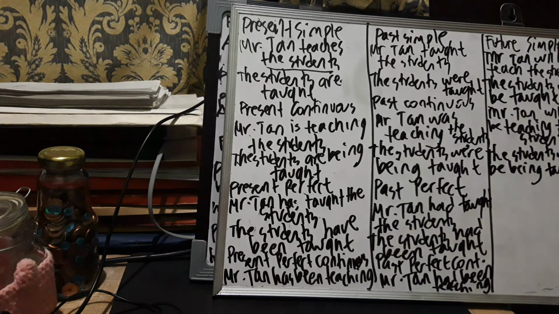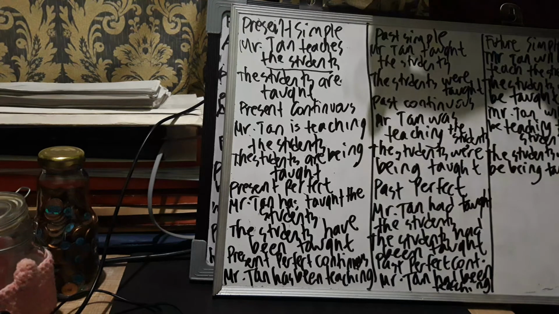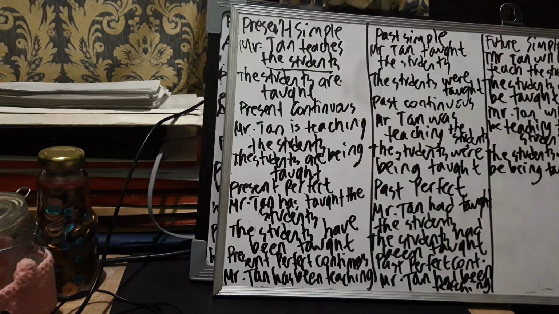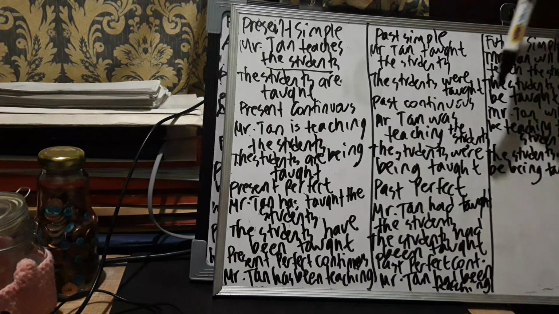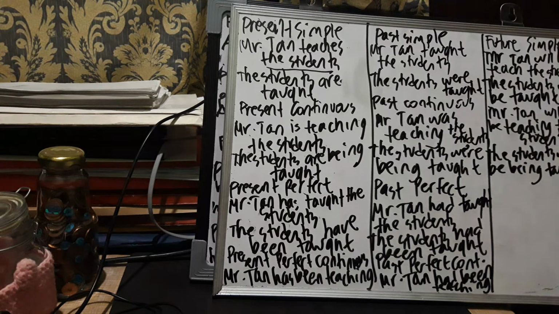Taught. So the pattern for that is, for the present continuous, as you notice, is ing. For the past continuous, as you notice, was ing. For the future continuous, will be ing. And then the passive of future continuous is will be being plus pp.